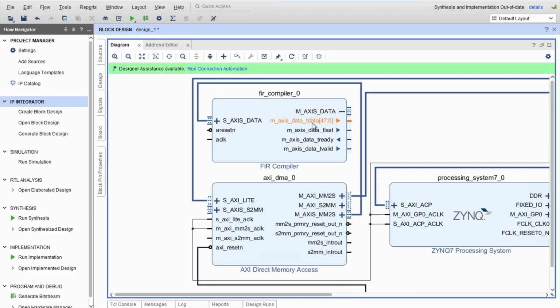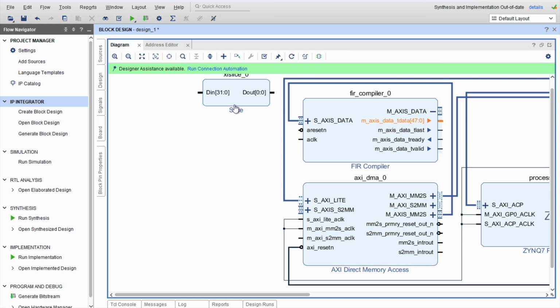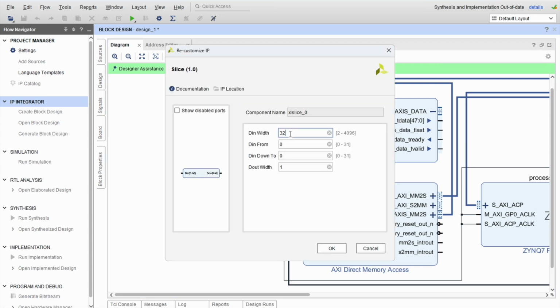Now when it comes to M-axis data, as you can see, sorry for the interruption, moving on with the addition of the slice. We have 48 bits over here, but we need only the first 32 bits. So I have a D in width of 48. I will go down from the 31st bit to the 0th bit, making my D output width 32.